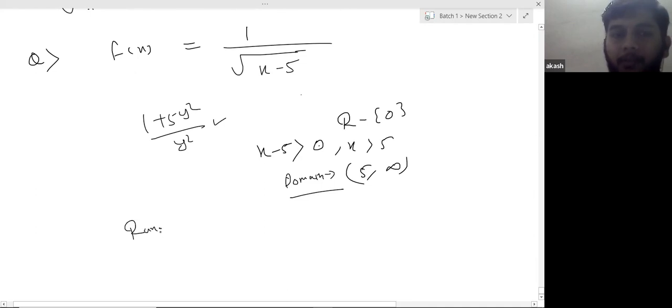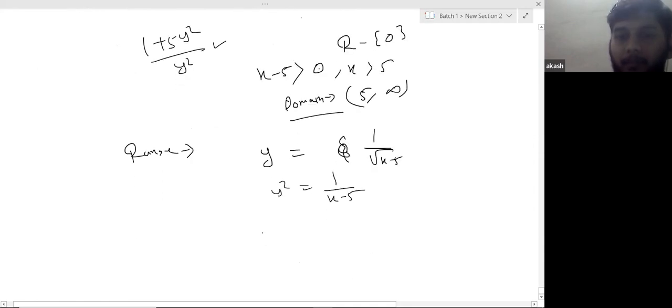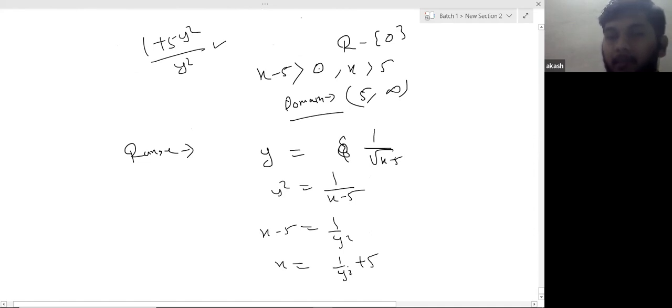Range: write it down. y equals 1 upon under root x minus 5. y square is 1 upon x minus 5. So x minus 5 equals 1 upon y square. So x equals 1 upon y square plus 5, right? We can see clearly y cannot be 0. So R minus 0.